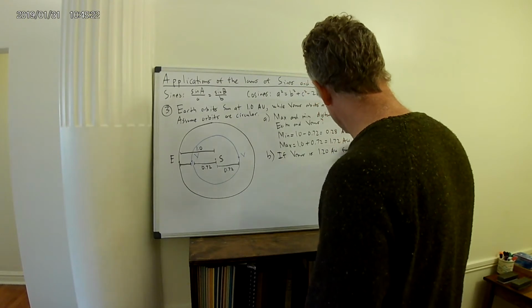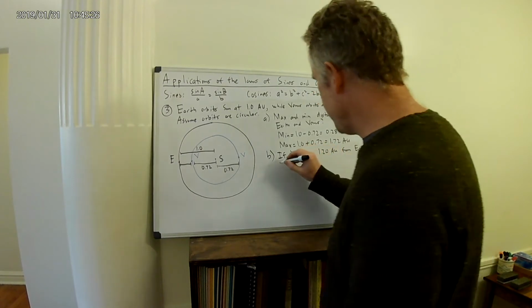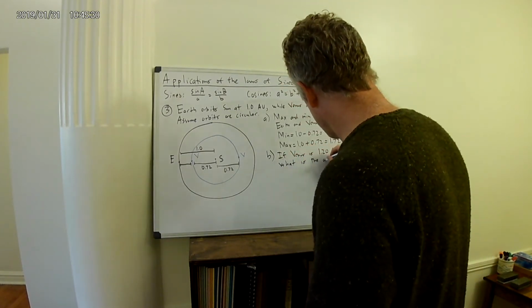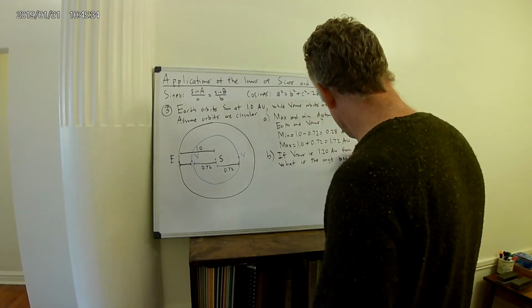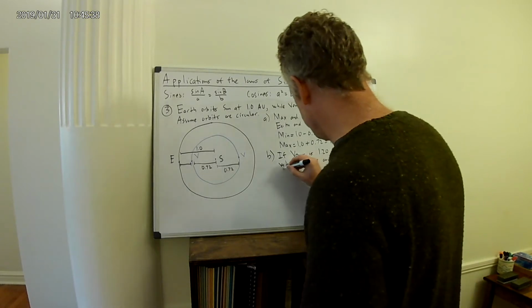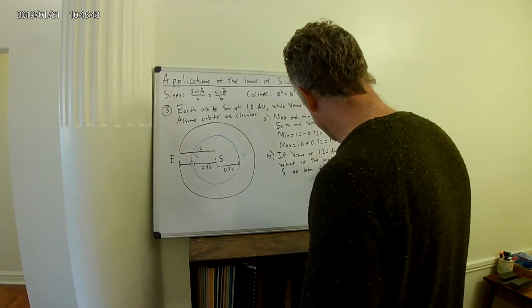What is the angle between Venus and the Sun as seen from Earth?